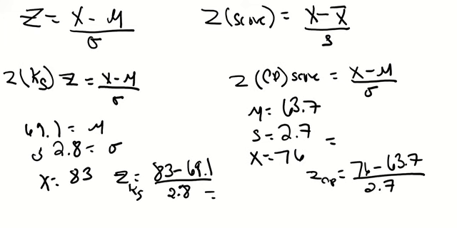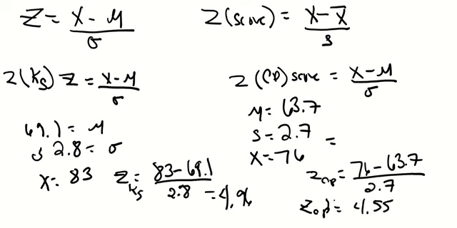So if we do the math, what do we get? We get 4.96 for KG, and for Candace Parker, we get 4.55.